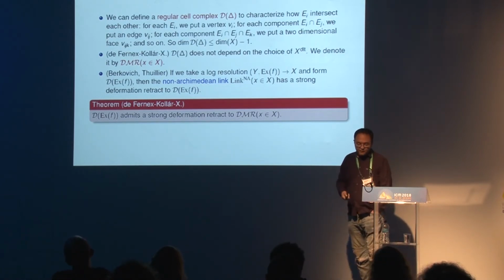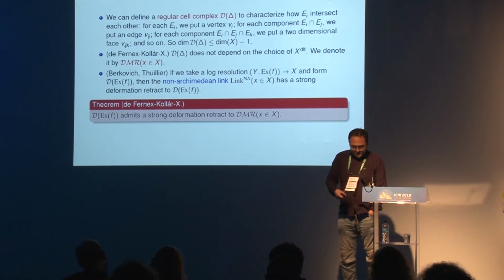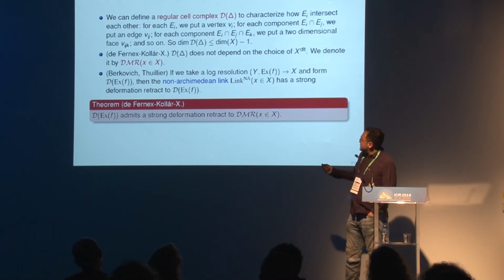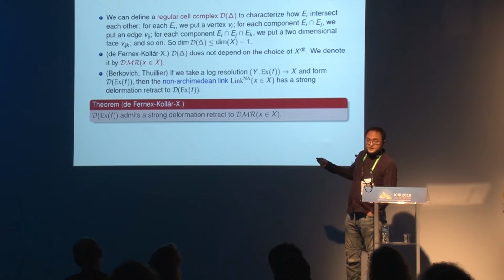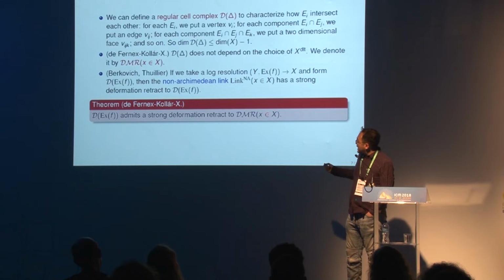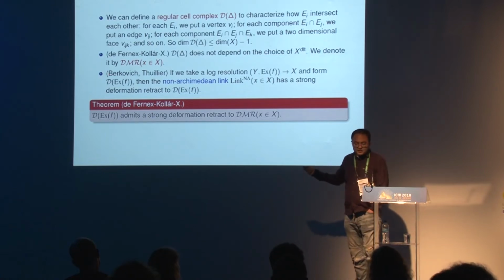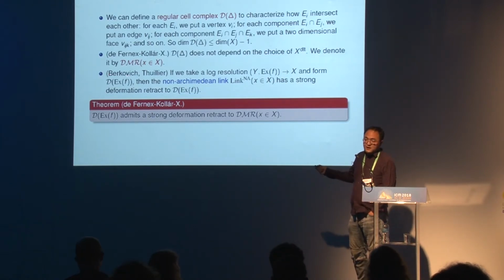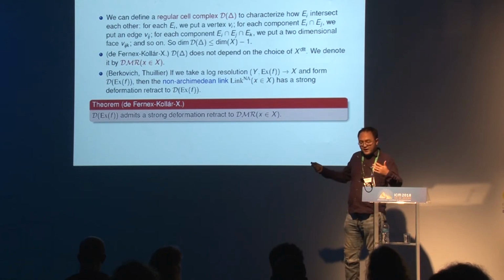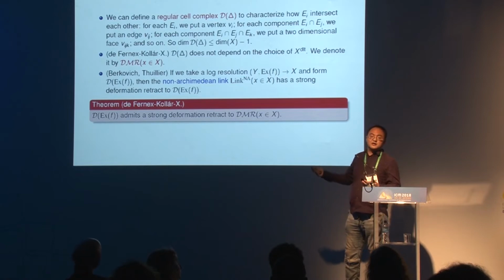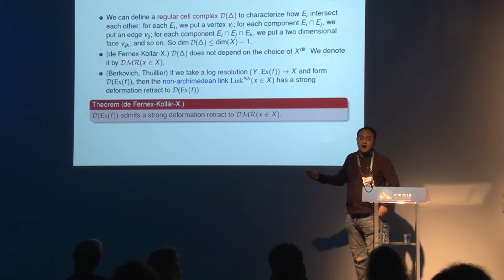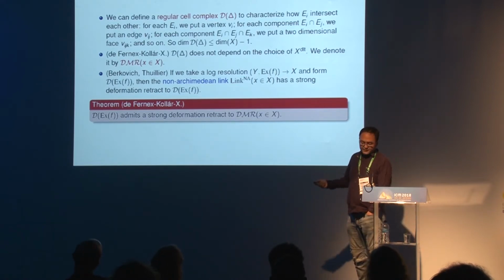And the theorem proved by de Fernex, Kollár, Xu, and myself is that indeed this invariant, which is well defined up to homeomorphism, actually has the same homotopy properties as this one. So this one, as I said, is not well defined up to homeomorphism, but only well defined up to homotopy. But this way we construct a canonical representative of this invariant.